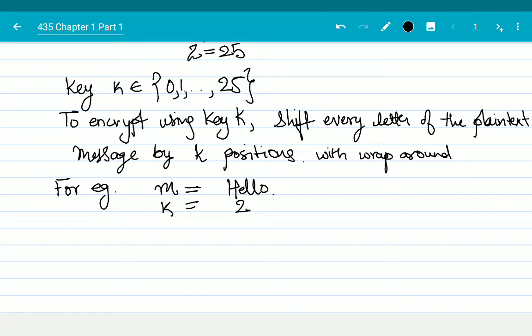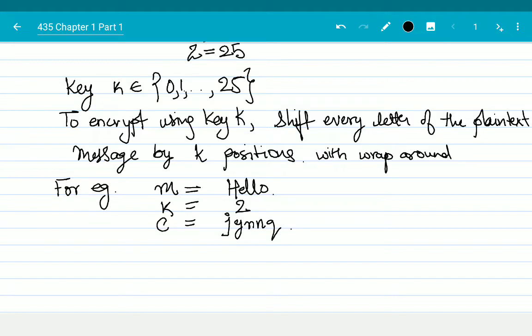And then my ciphertext becomes, well, H is what? A, B, C, D, E, F, G, H: 8, right? 8 plus 2 is 10. So that becomes J. E becomes G. L becomes N. O becomes Q. Great, I have successfully encrypted my message.